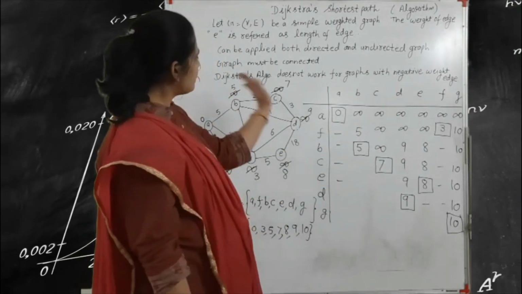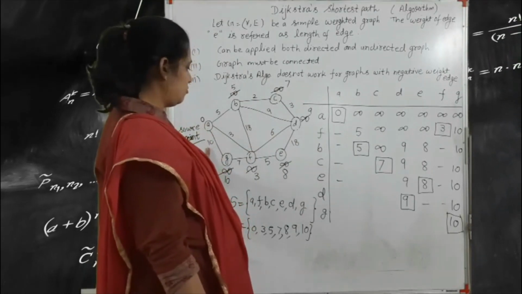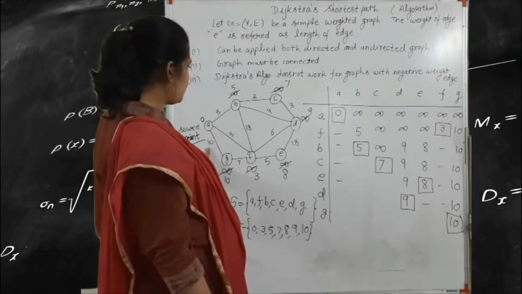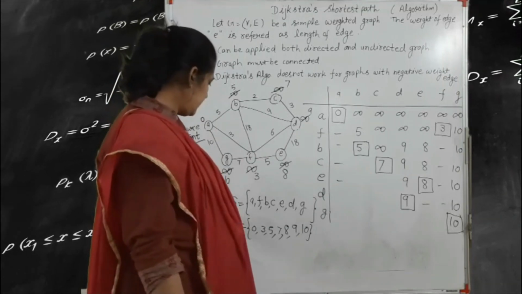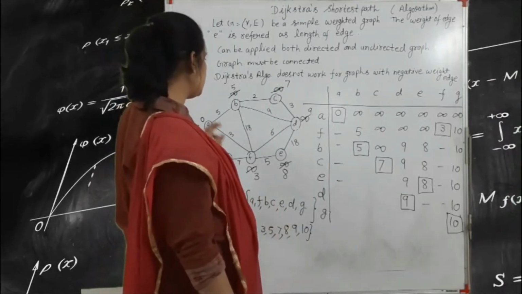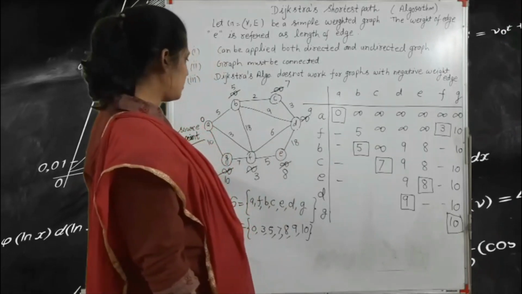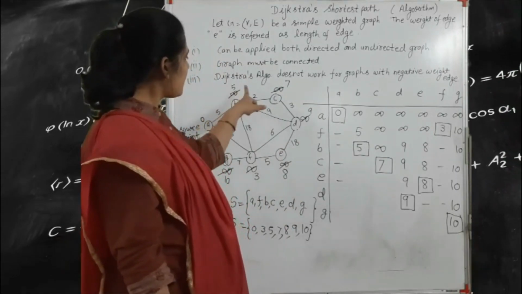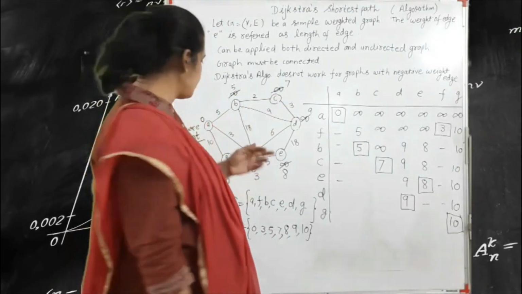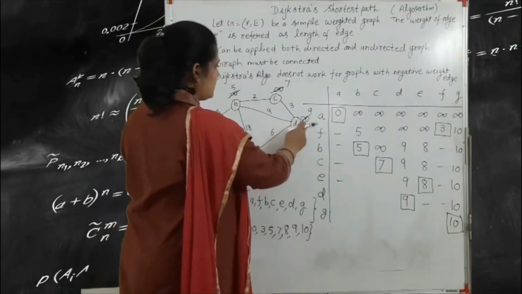If you find the shortest path A to D, the total is 9. If we take 5 plus 2 plus 3, the total length is 10, but A to F and F to D, so 3 plus 6 is 9.